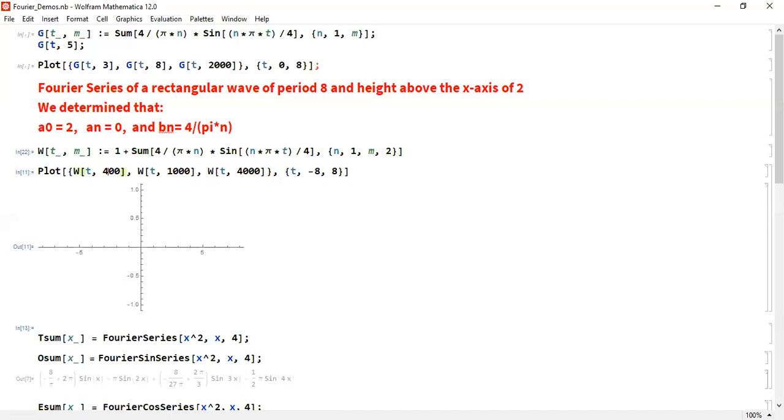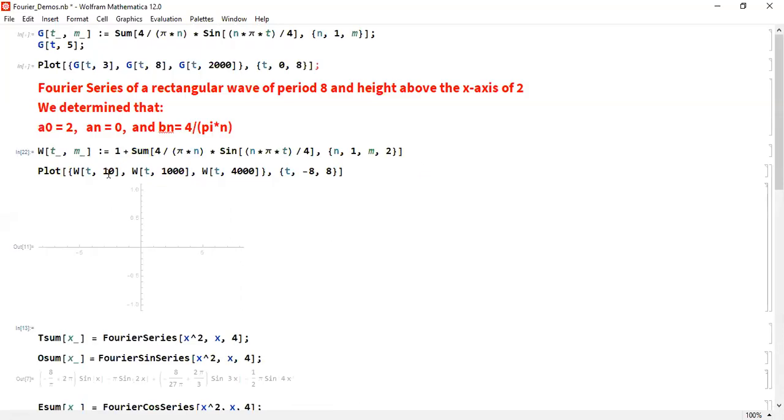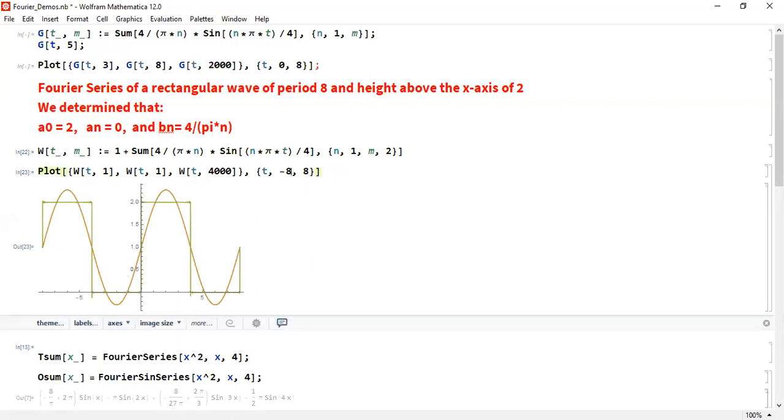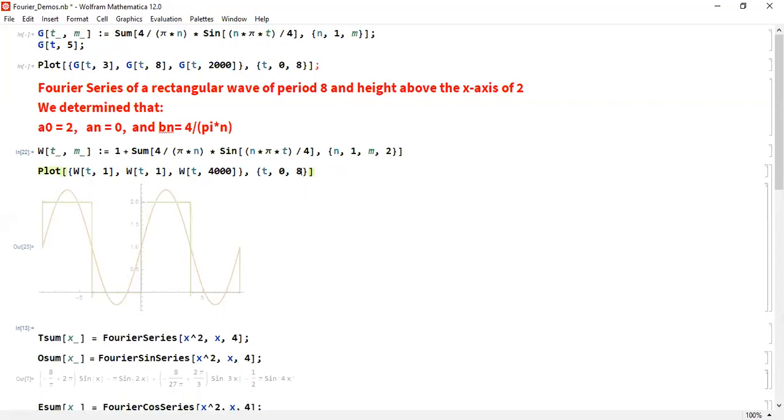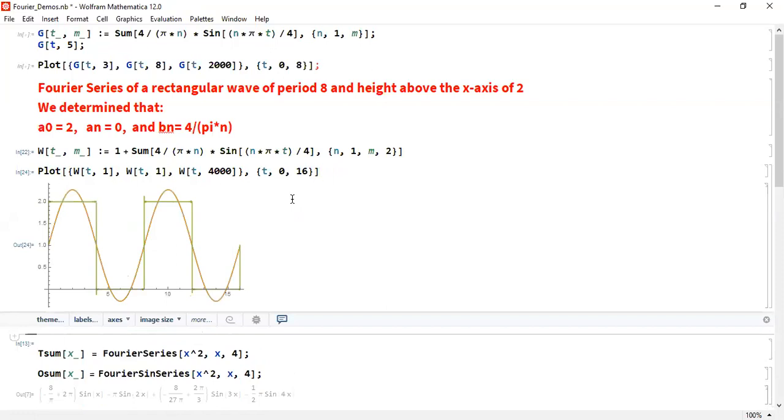And so we're going to sum this up to some final number. Okay. So this would be the first partial sum, and then this rectangular wave itself. And let's go the same interval that we did this on in the example. So let's go in between 0 and 16.